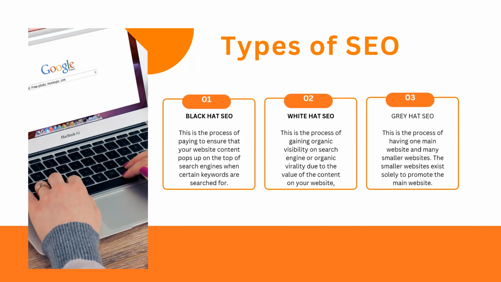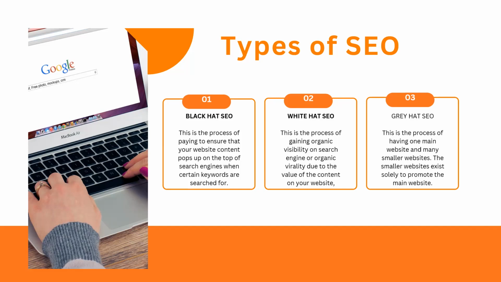That is the unpaid version. You're not paying anybody to do it for you. But because it is valuable content, it begins to go viral gradually. People begin to share it or screenshot it and post it on social media, and luckily, it may bring people back to your website to read more. So that is white hat SEO.